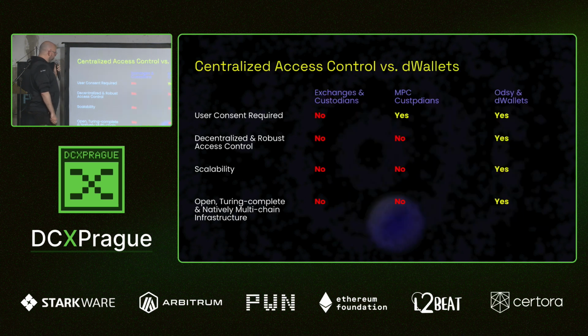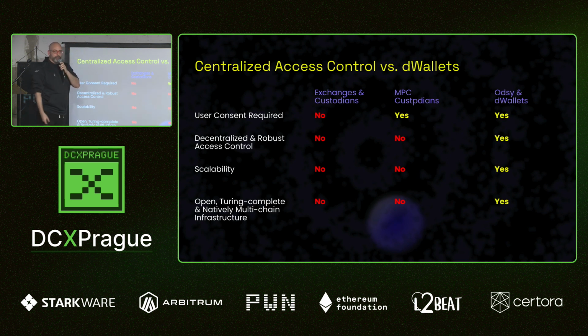So if we start with centralized access control, not a big surprise that it fails almost across the board. The only part where MPC custodians perform a bit better is where user consent is required, right? The whole premise of things like Fireblocks is that you have this aspect, right?